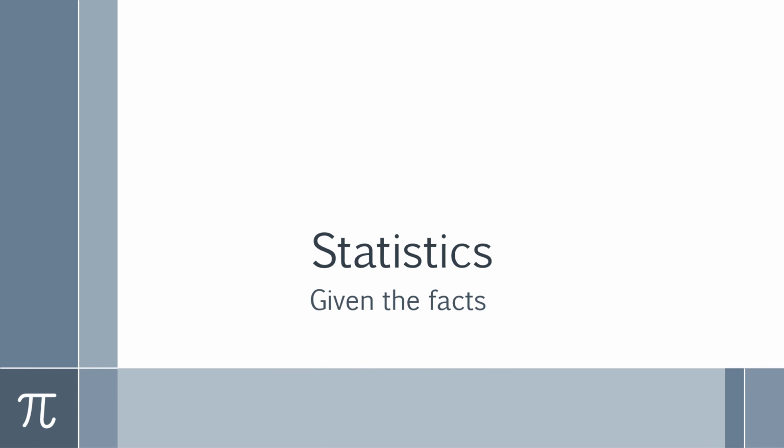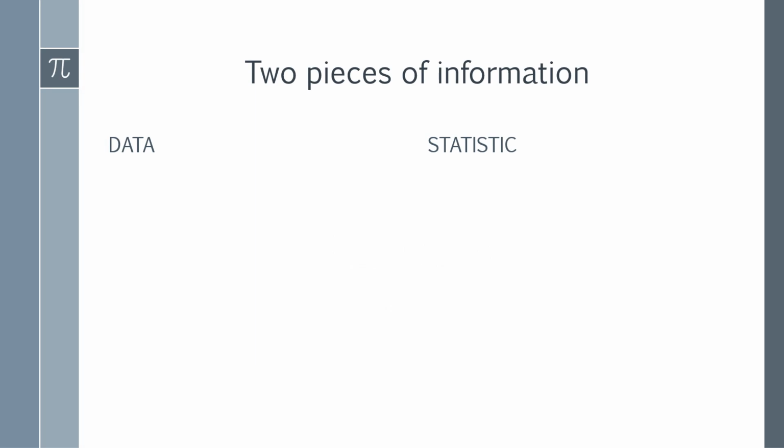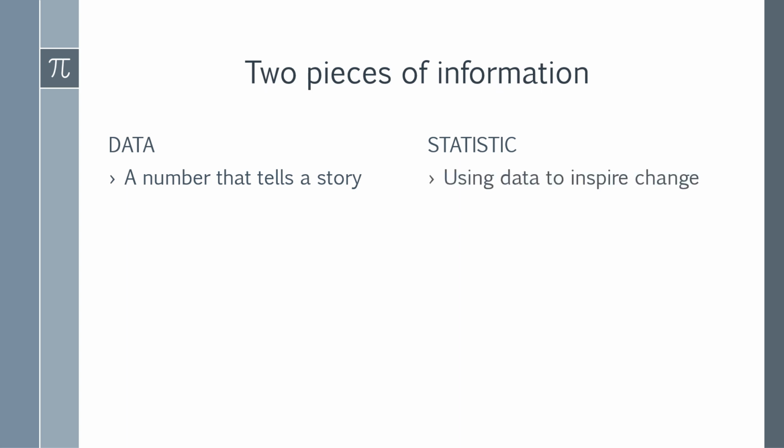All right. So that was all our factoring stuff we done did. I just want to make sure that you got it together because when we come back from this break, it is what it is. Statistics, given the facts. So on your quiz, you just have to recall facts. So two pieces of information. Data is a number that tells the story. A statistic, using data to inspire change.